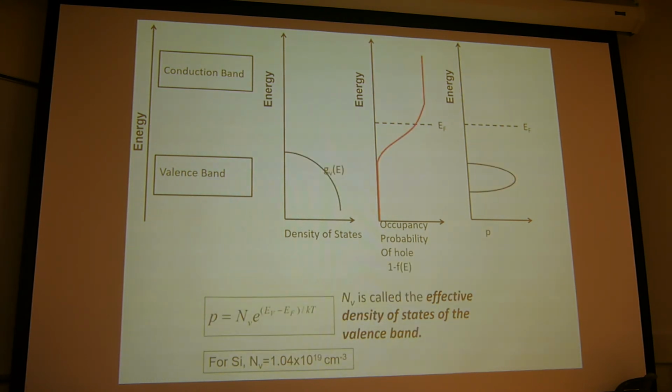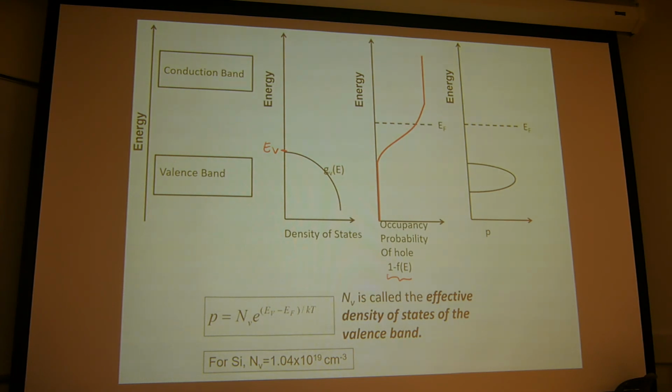Similarly, you can have the hole density in silicon. The same approach: you have the density of states for holes, which starts from the EV, and then the occupancy, the probability of a hole, is 1 minus the Fermi function. Why is that? Because electron and hole are complementary.